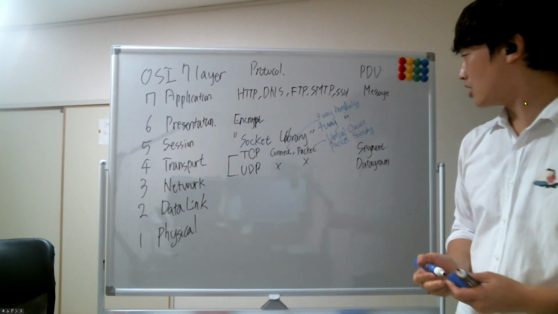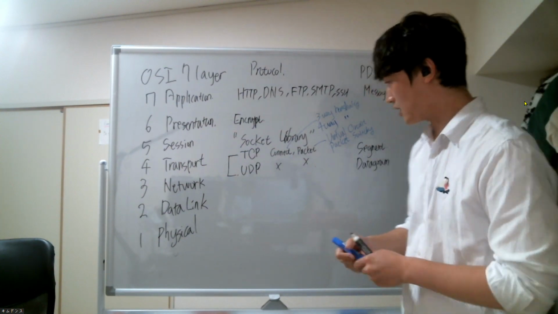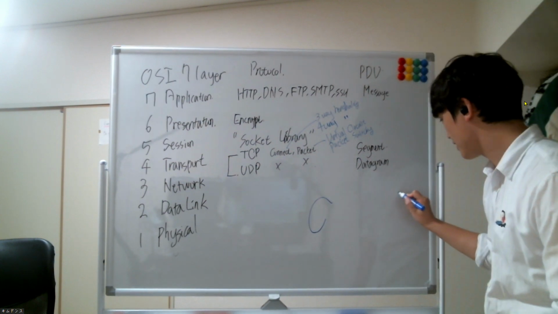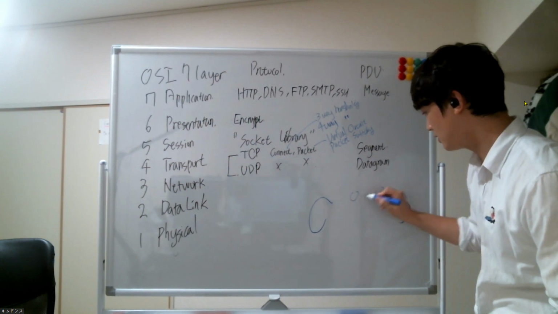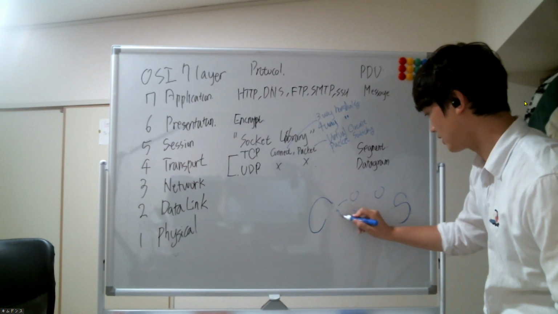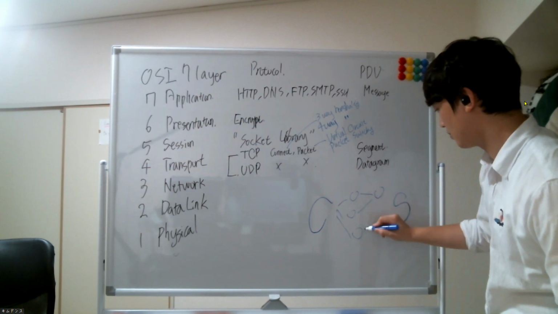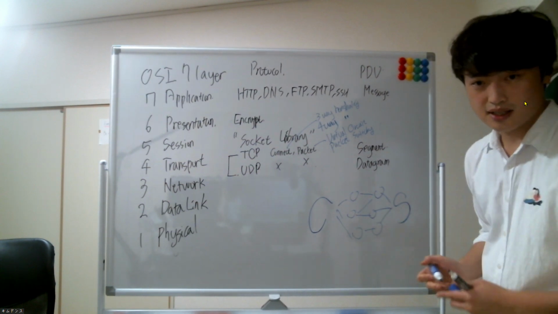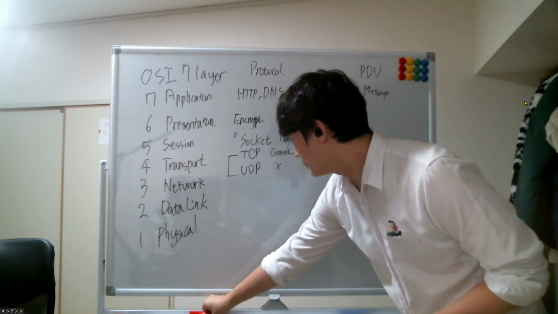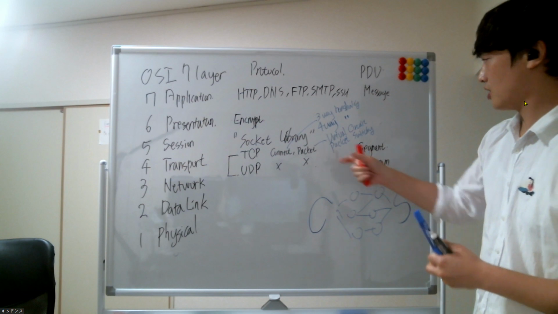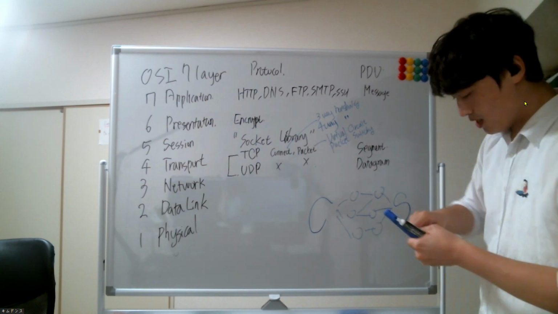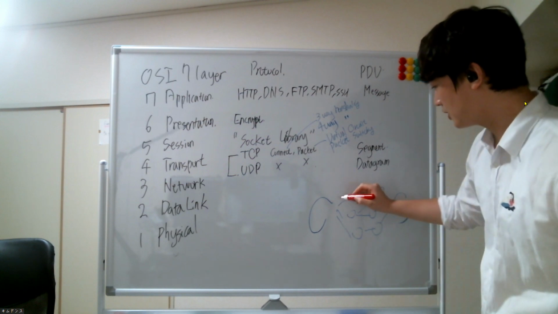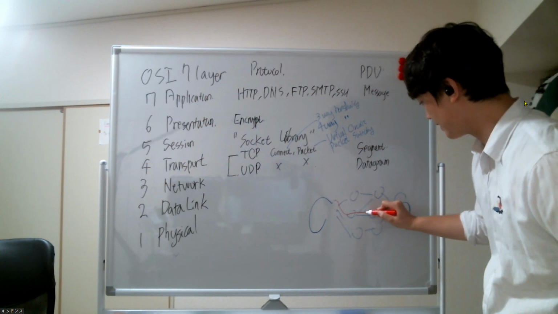Virtual circuit packet switching means that once there's a client side and a server side, and there are a lot of nodes between them, TCP defines a virtual line, a virtual loop, that the packets should go through like this.